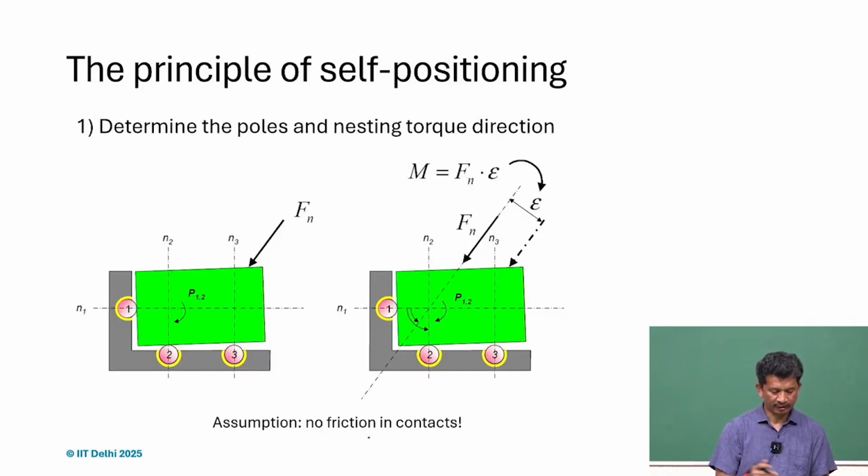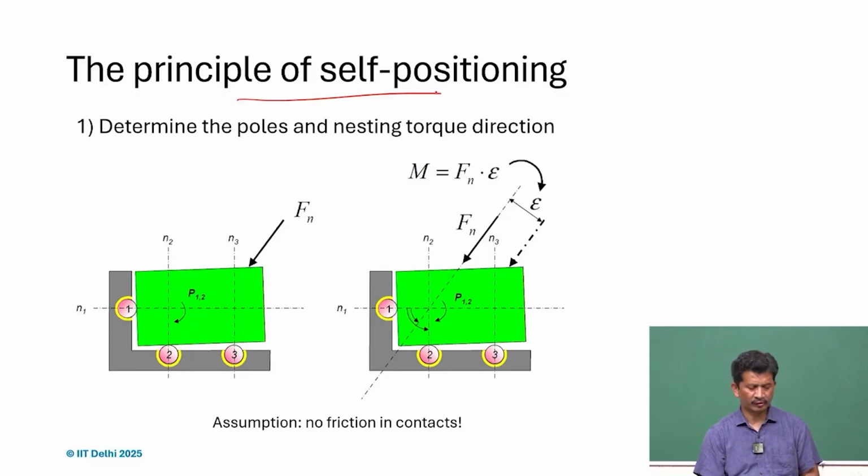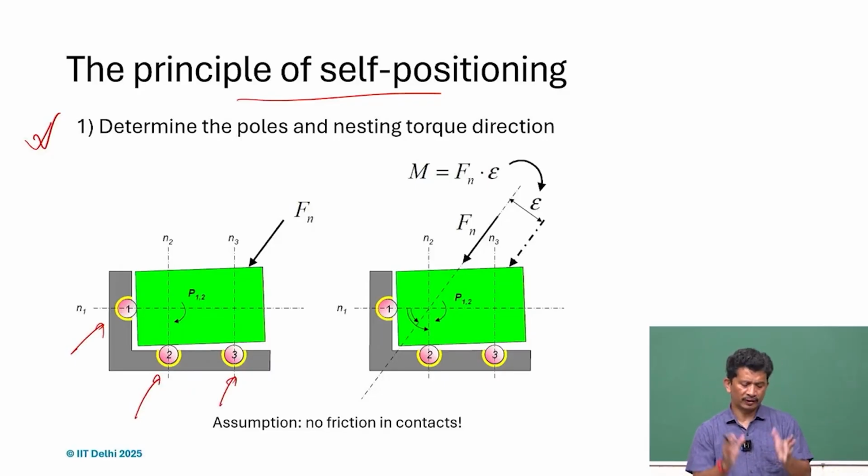Now, to understand the principle of self-positioning, I think we have studied this one when we covered the calculation of the nesting force window. Suppose these are the three contacts, 1, 2, 3, and these are the three forces. How do we find the nesting window?